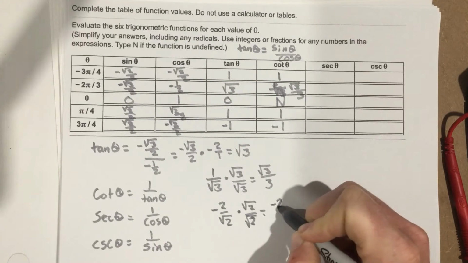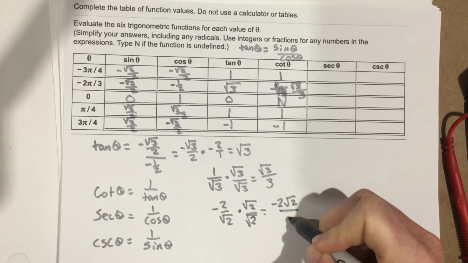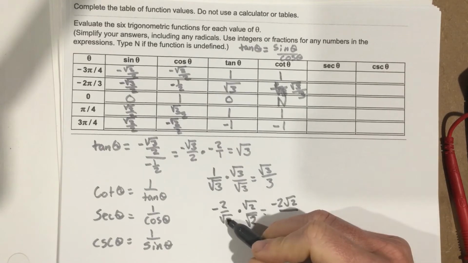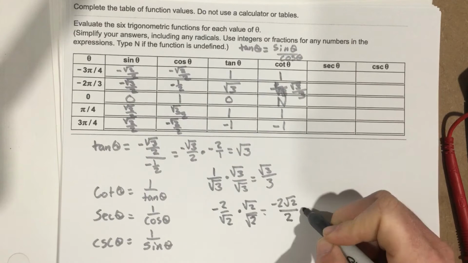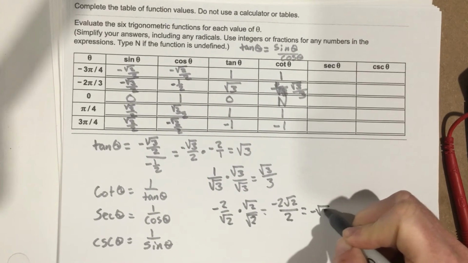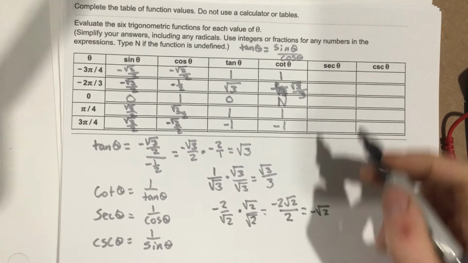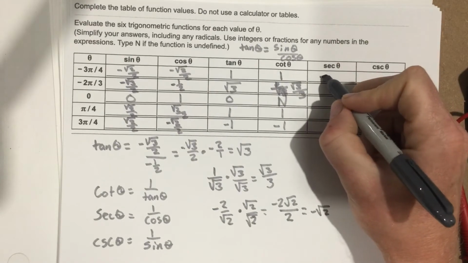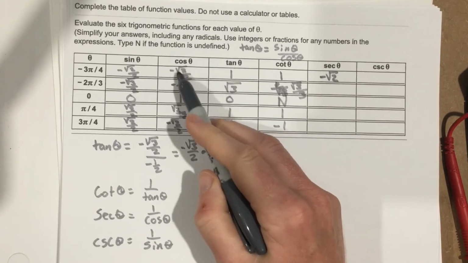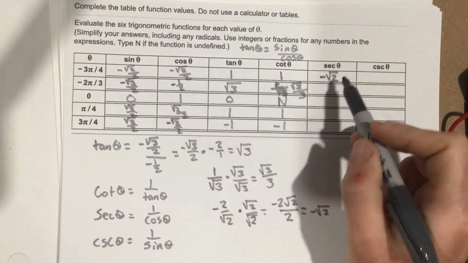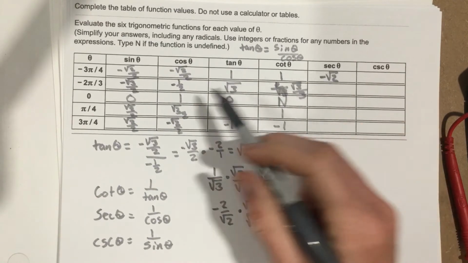I get negative 2 root 2 over, on the bottom, root 2 times root 2, that's just 2, right? So that reduces to negative root 2. So secant then is going to be negative root 2. And anytime I see negative root 2 over 2, I can now just write the reciprocal as negative root 2 because that's what I just found.